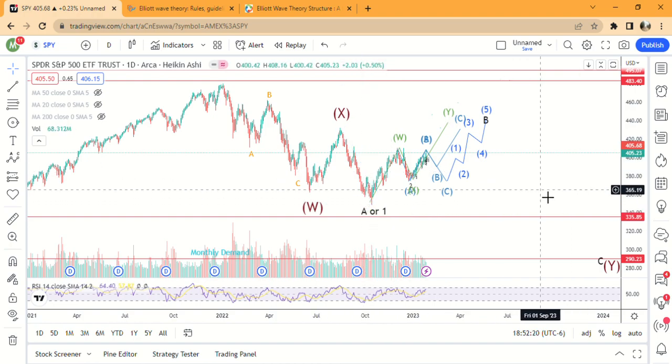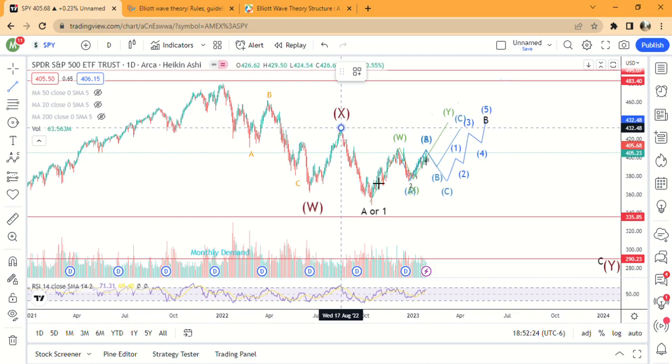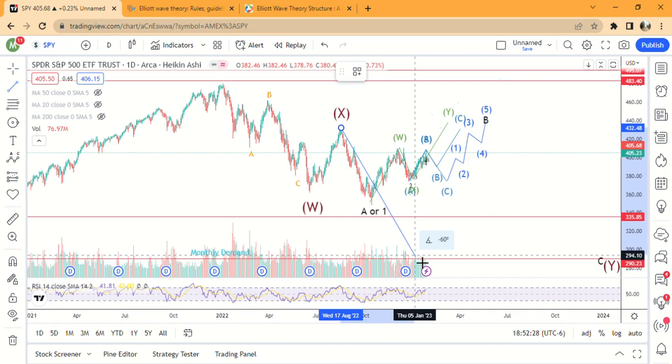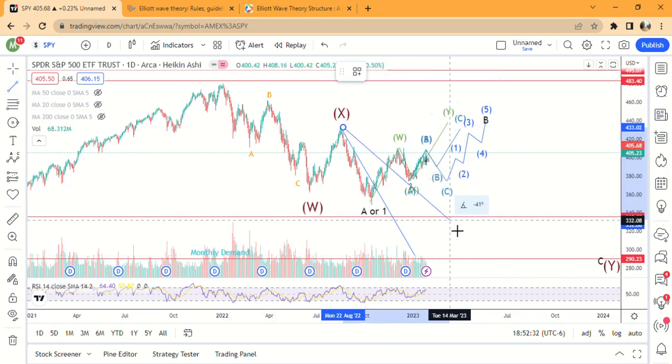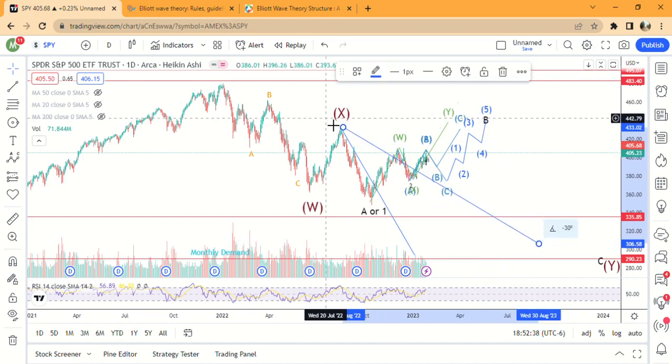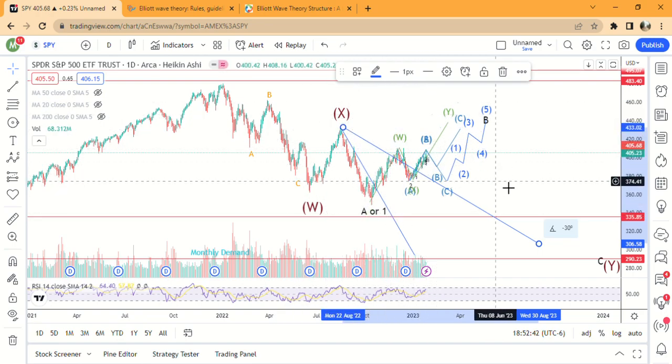We know that. But then we can take this whole move, and again, 60 degrees, and then we got 30 degrees. And so just strictly for this move going down, we know it's corrective as well.